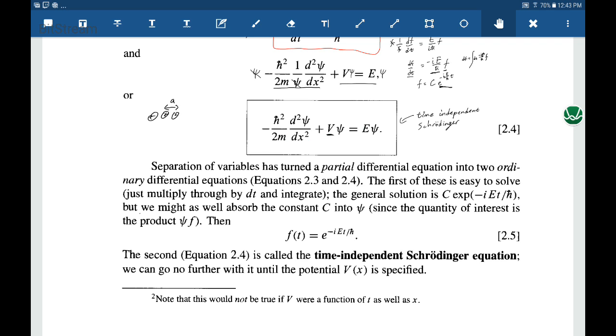So it very much depends on our potential energy. So in the case of condensed matter physics or chemistry, you're looking at those chemical bonds in your solid. That's going to dictate what solutions to your Schrödinger equation you can have.